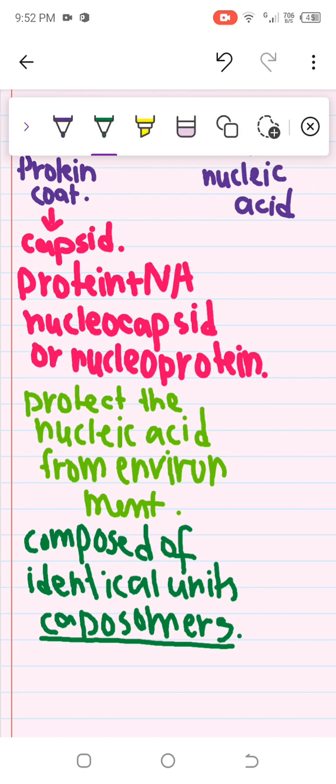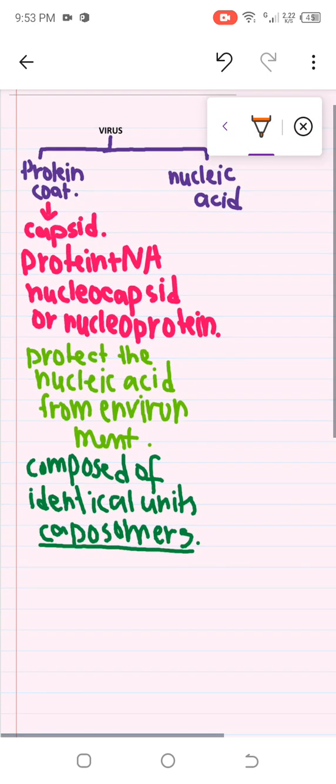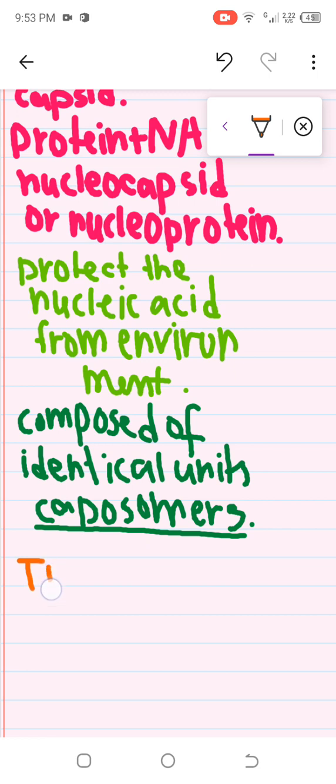If I talk about the capsomers in the TMV virus, remember this is a question which is asked in the exam. Each capsomer is composed of 158 amino acids.